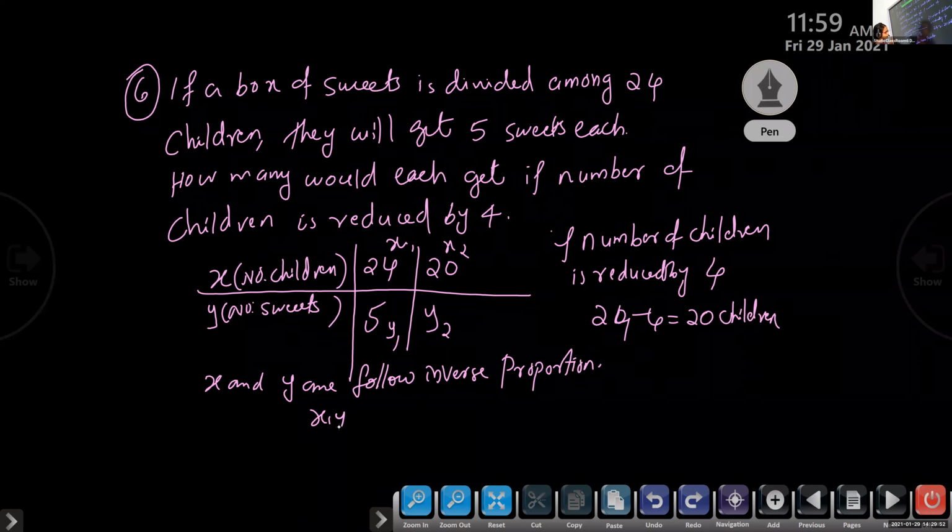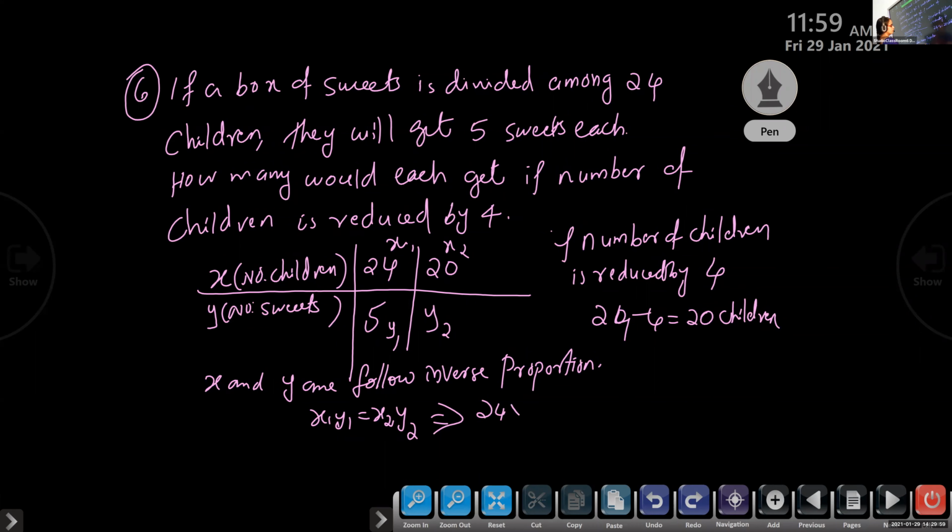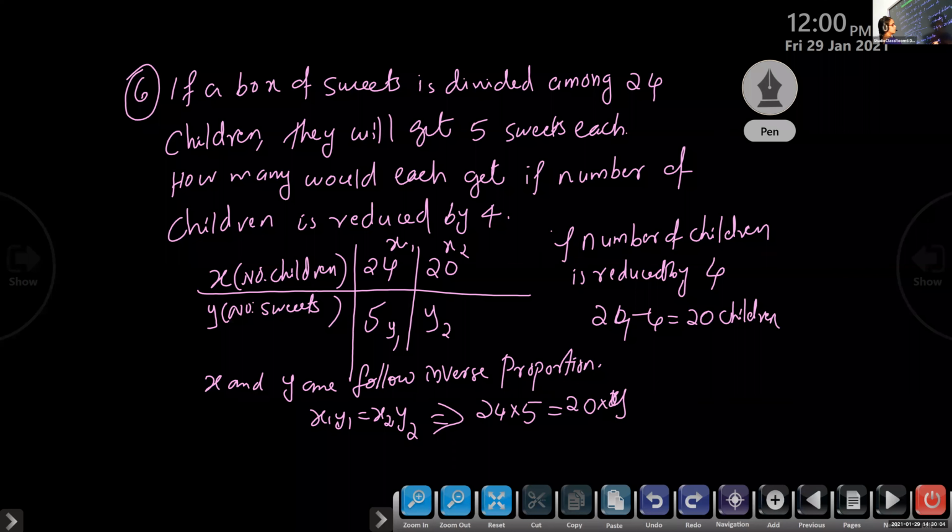So x1 y1 equals x2 y2 gives what? 24 into 5 equals 20 into y2.